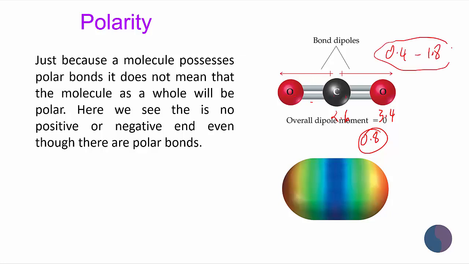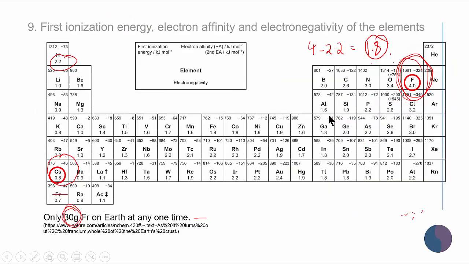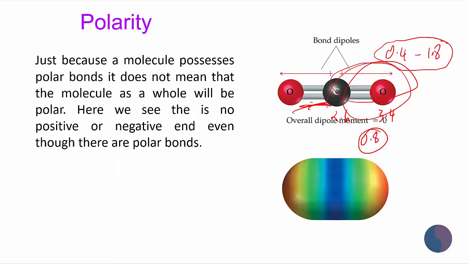Once you've done these a lot, you get lazy and say, no, that's polar. Basically, if they're different, they're usually polar. You're going to see C and H quite a lot, and that's borderline as well, unfortunately. That's 0.4, considered non-polar. And you'll see that one quite a lot because of organics.